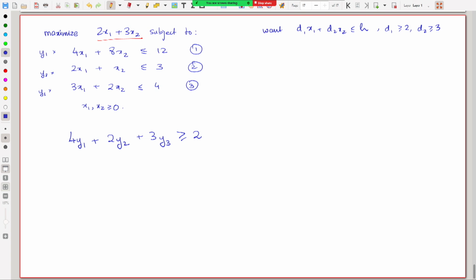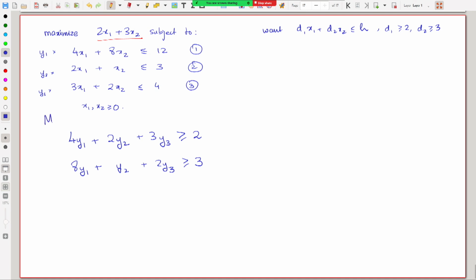So, d1 is this, and what do I get for d2? 8 y1 plus y2 plus 2 y3, and this should be greater than or equal to 3. And what else do I want to do? I want to minimize h, right, and what is h? H is 12 y1 plus 3 y2 plus 4 y3.